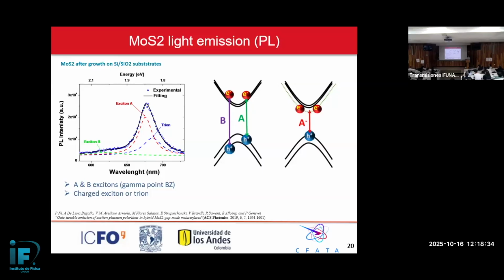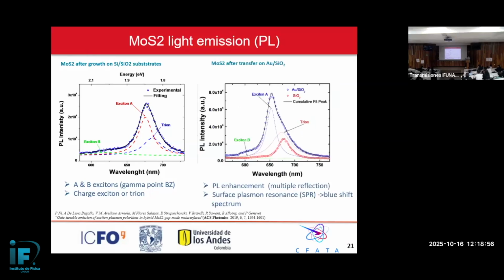And we use, and you will see, that we can use these features to go on and off the resonance of the plasmonic metallic surfaces that we will put on top of molybdenum. Okay, so once we transfer these semiconductors onto the gold separated by a dielectric, you can see two different things.